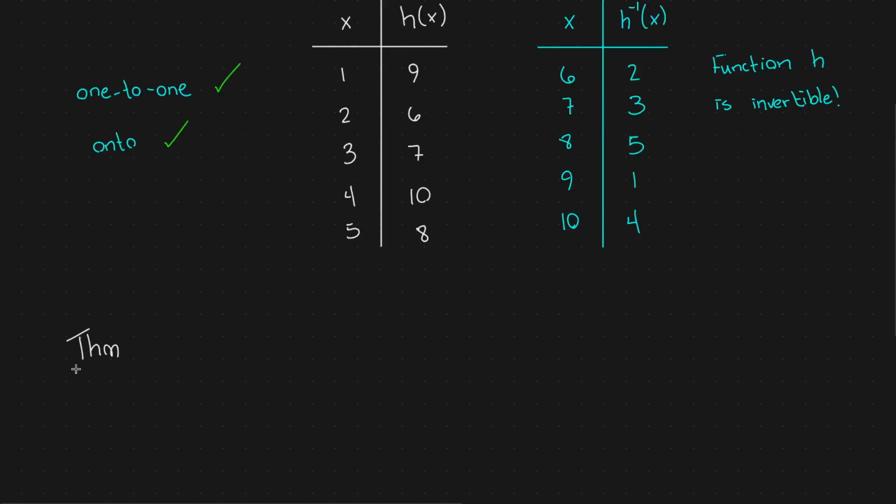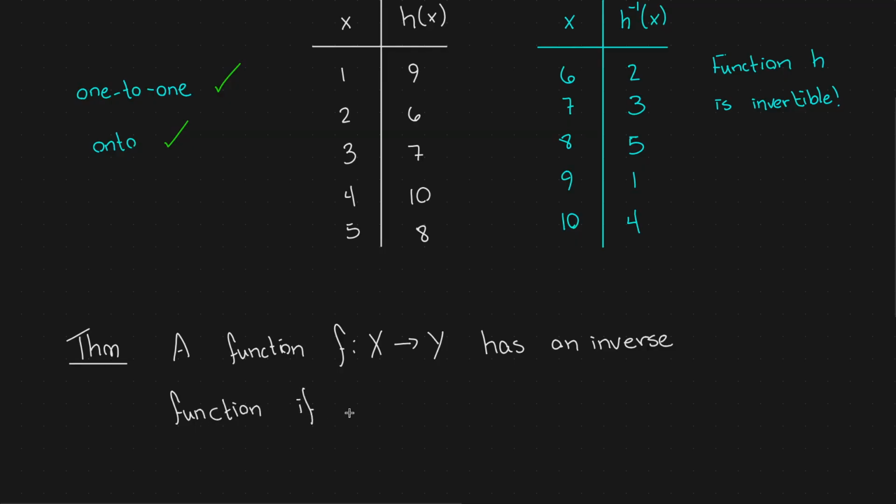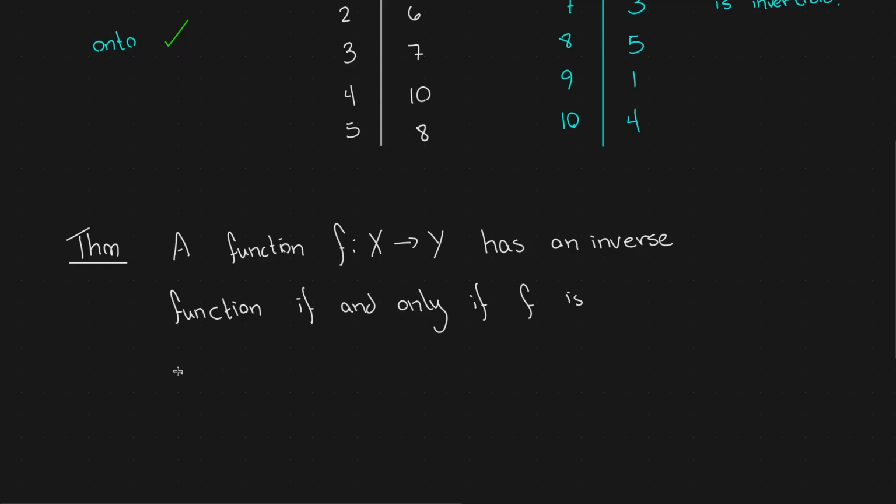A function f from some domain x to some codomain y has an inverse function if and only if f is one-to-one and onto.